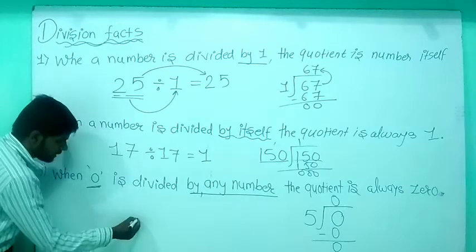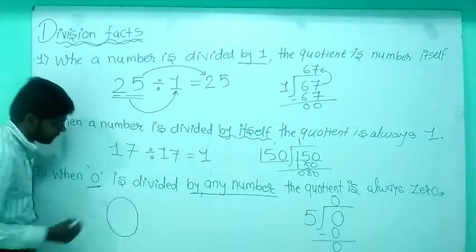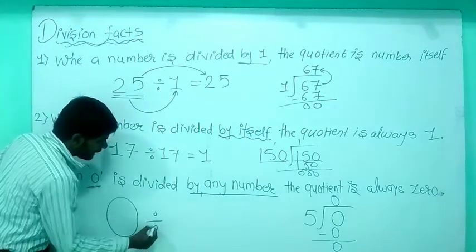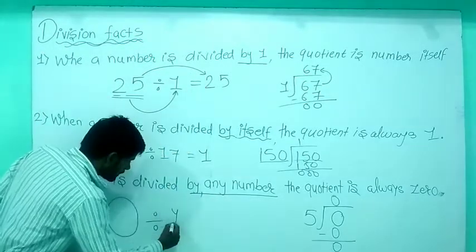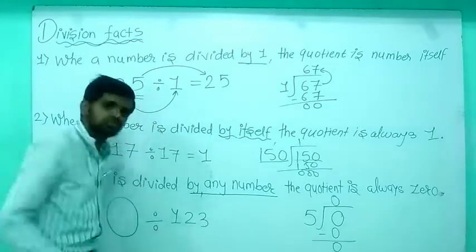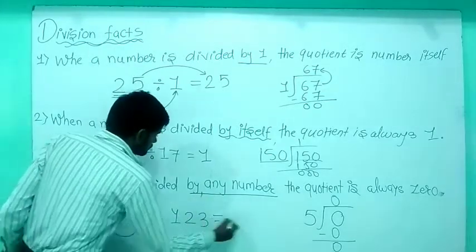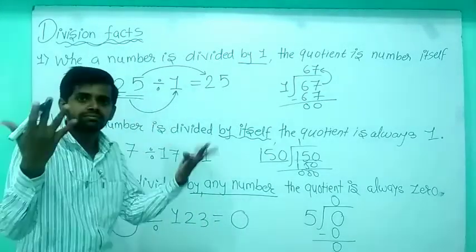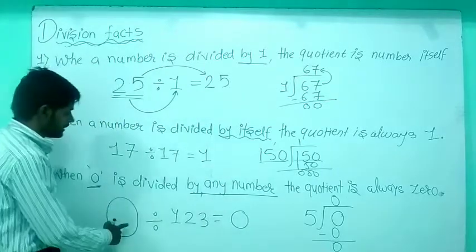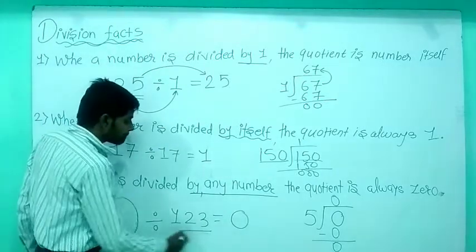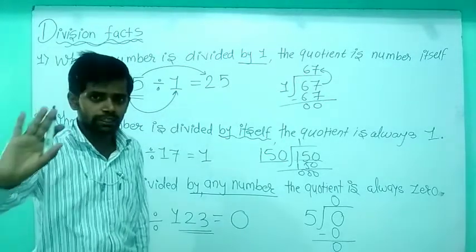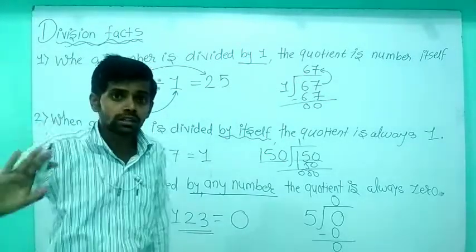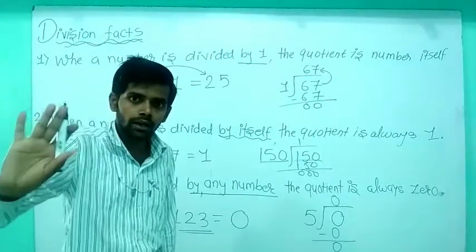If you are dividing 0 by any number, I am taking 123, the answer is 0. Got it? If 0 is divided by any number, whatever the number is, the answer will always be 0. That means the quotient will always be 0. It went into your mind, right?